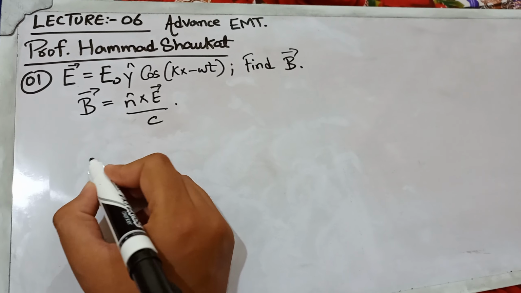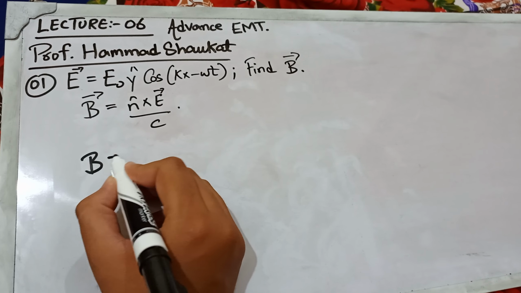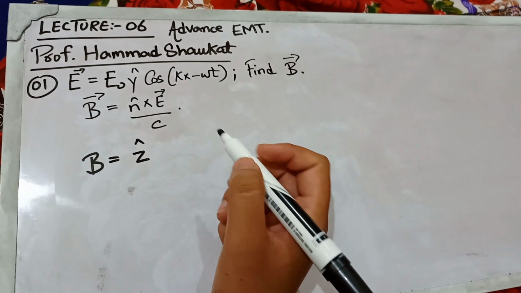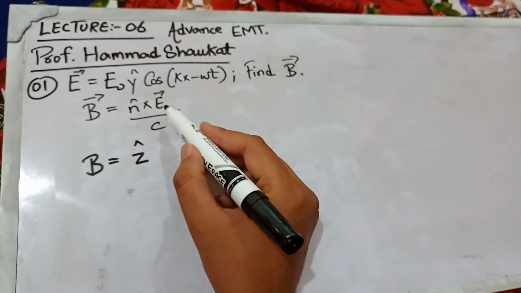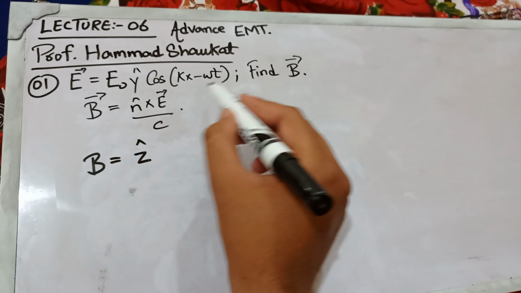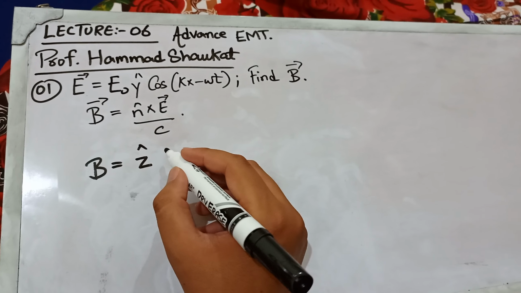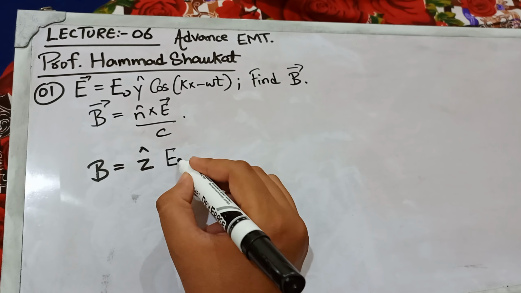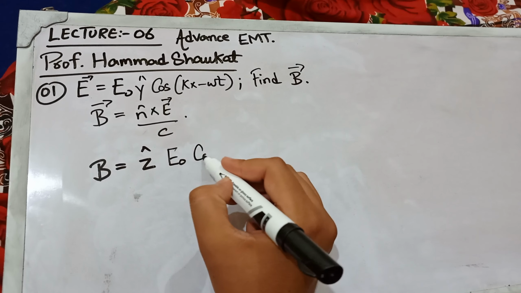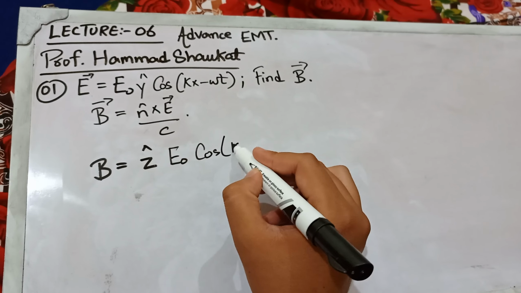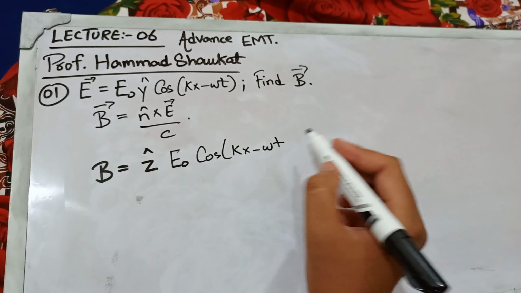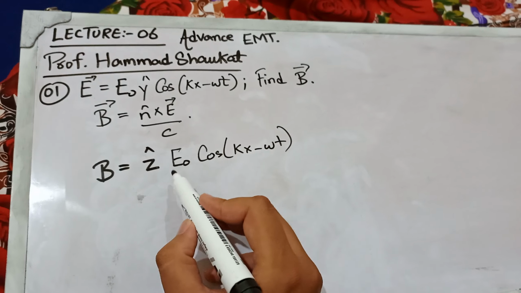Basically, the equation for the magnetic field now becomes, first of all, the z direction, then the relation of E. The E relation is already given, so you can write it similarly: E naught, and the same cos of kx minus omega t, divided by c.